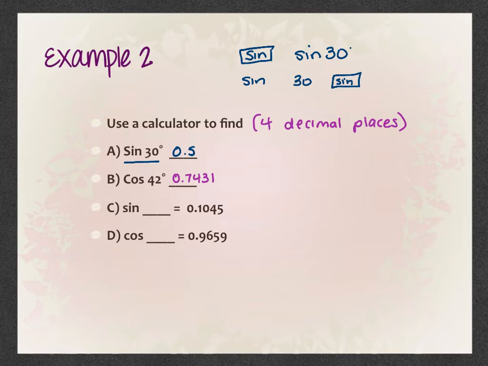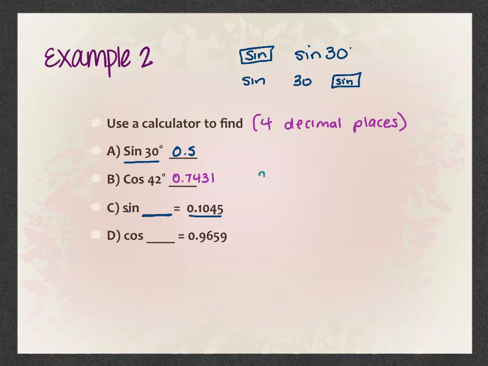Now C and D are different because this time it doesn't have the angle. So you're saying sine of what angle would be 0.1045. And for these, we use the buttons over the sine, the cosine, and the tangent buttons that you see on your calculator.